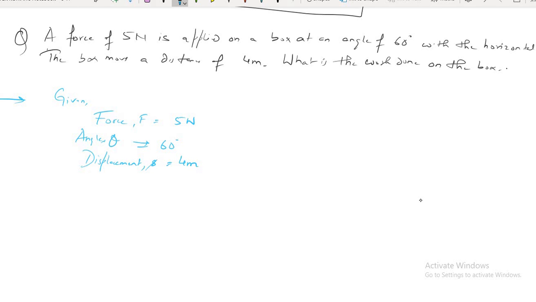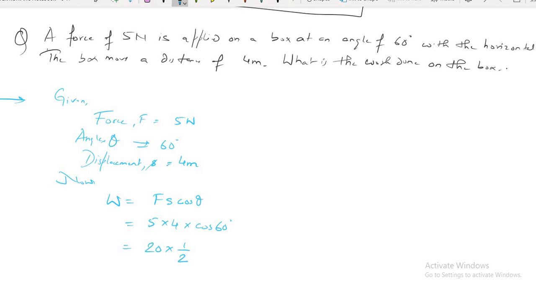Now we have to use the formula W is equal to Fs cos theta. What is F? 5. What is S? 4. What is cos theta? Cos 60 degrees. So 5 fours are 20, into cos 60's value, which is half.